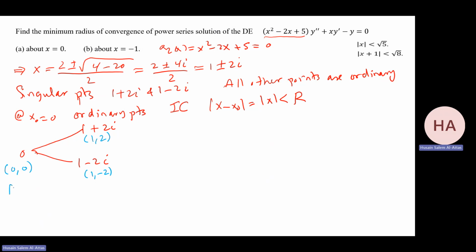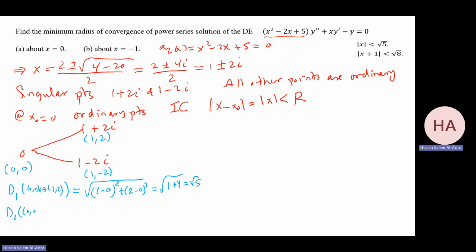So distance 1, which is the distance from (0, 0) to (1, 2), will be the square root of the difference of the x values. We know the distance formula: 1 minus 0 squared plus 2 minus 0 squared. That gives me square root of 1 plus 4, square root of 5. I'm doing it in too much detail.